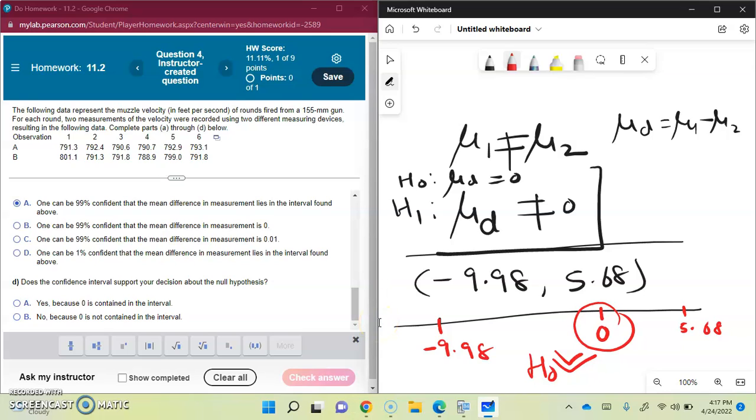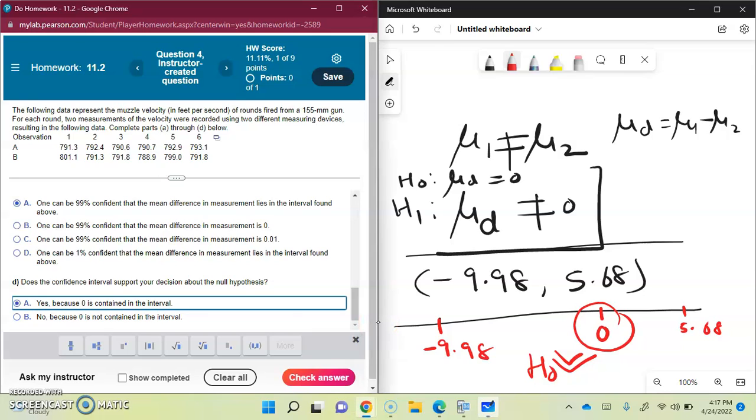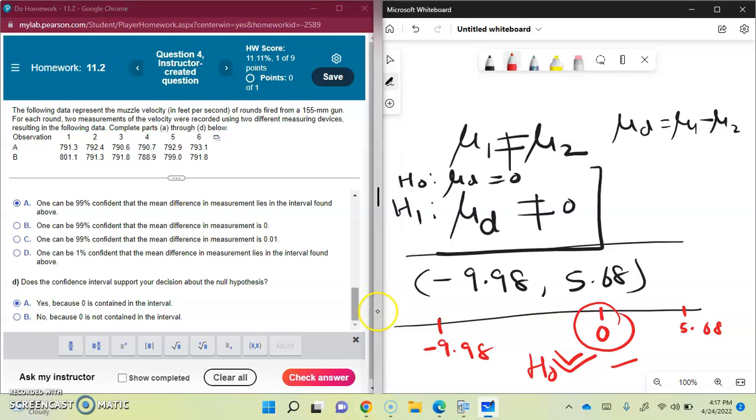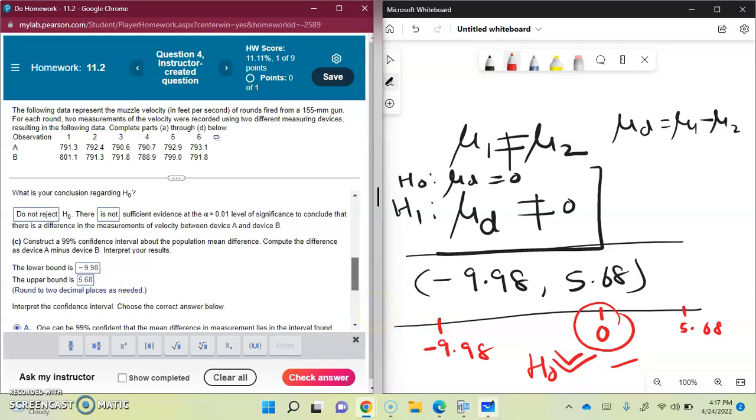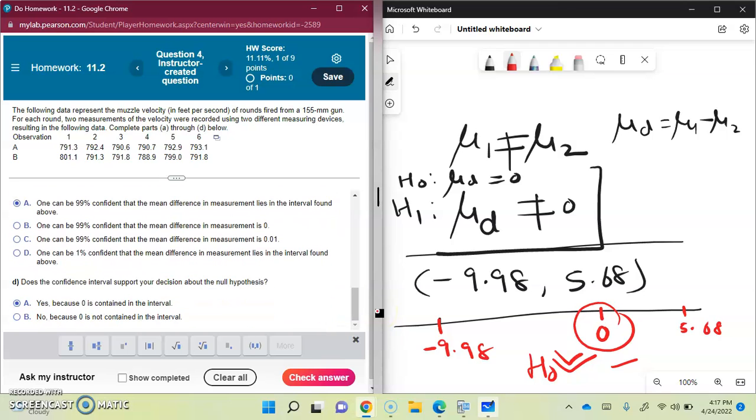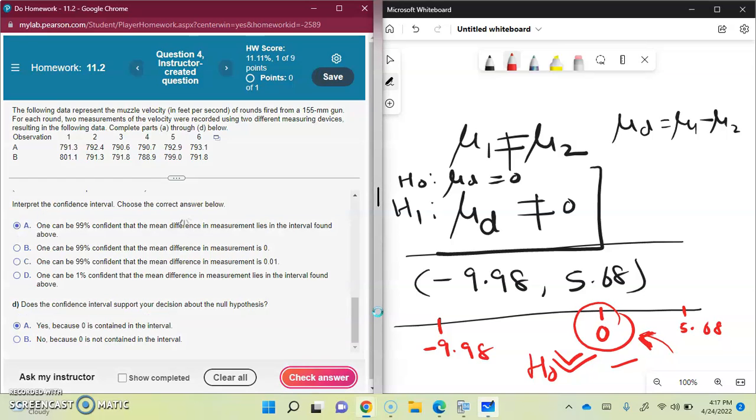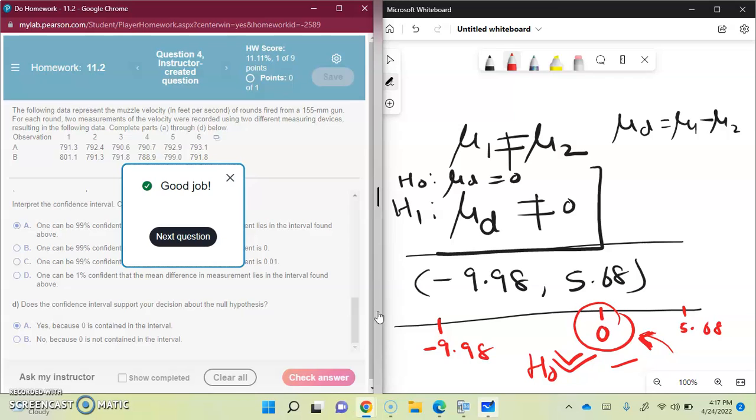So 0 is in the interval clearly, right? And if you remember, that's what we said way before: do not reject the null hypothesis, because from the confidence interval point of view also, 0 is in there, so we are not rejecting the null hypothesis. Okay, that is it for question number 4.